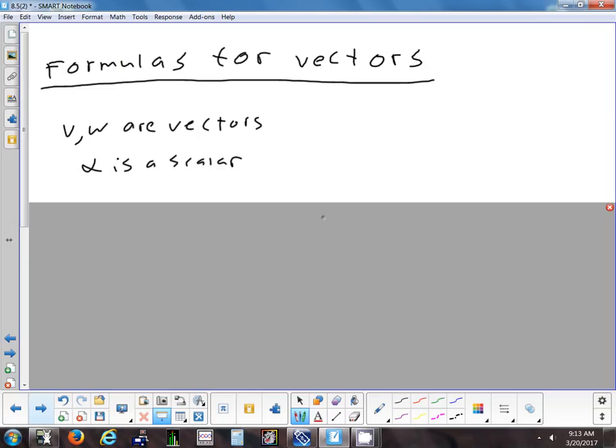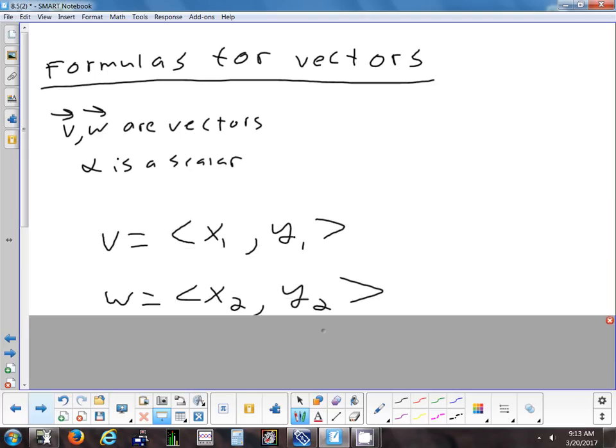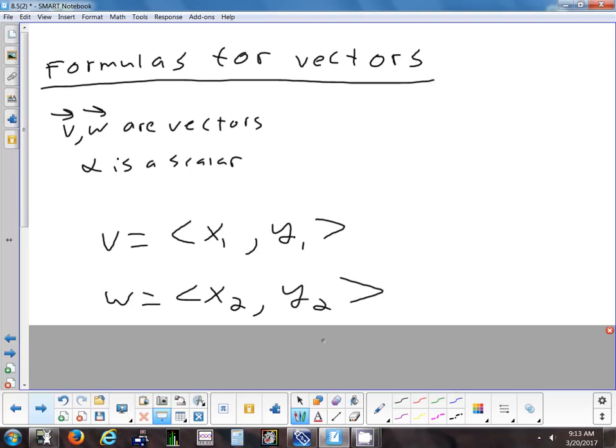All right, so the formulas I'm about to give you, anywhere you see a v and a w in the formula, those are vectors. And alpha just represents a scalar. It represents a number. Okay, so there's vector v, written in the format we used before.